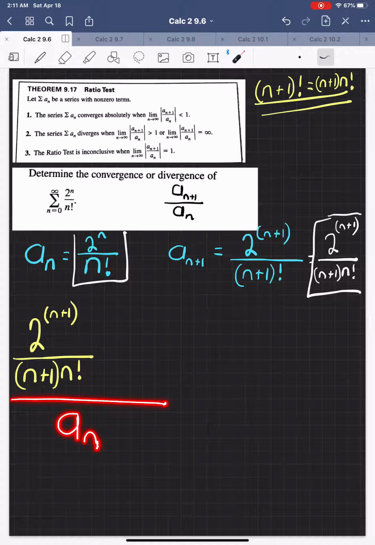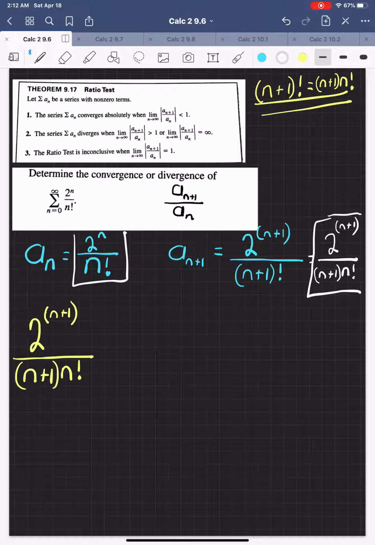So what I'm telling you is, instead of forming the ratio with this big division bar, use a division symbol, because you're going to flip and multiply every time. And go ahead and write a sub n. So this would be 2 to the n over n factorial. I'm just trying to save you time.